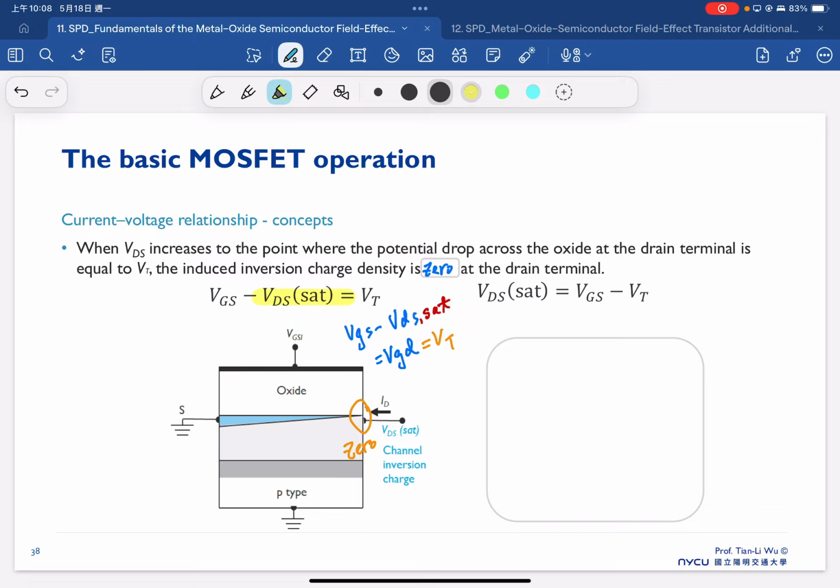So when VDS reaches VDS set, that would be equal to VGS minus VDS set equal to VT.